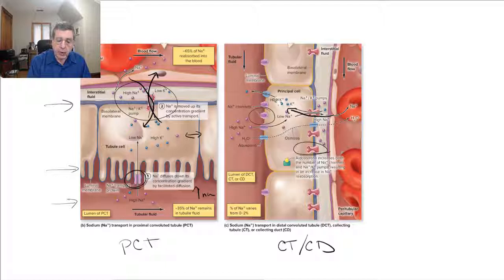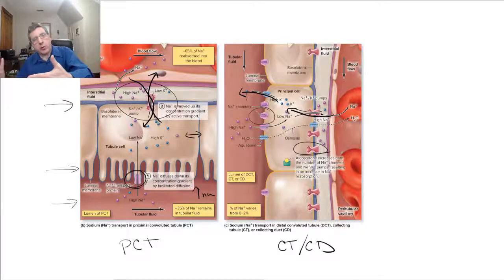There are going to be potassium channels that secrete potassium into the tubular fluid. So the easy way of thinking of this is that potassium moves opposite of sodium. If you reabsorb sodium, you're going to secrete potassium. So if one level gets high, the other one typically gets low, and they go back and forth.